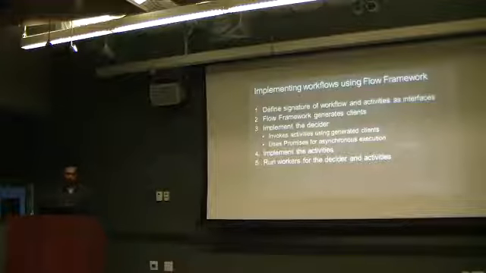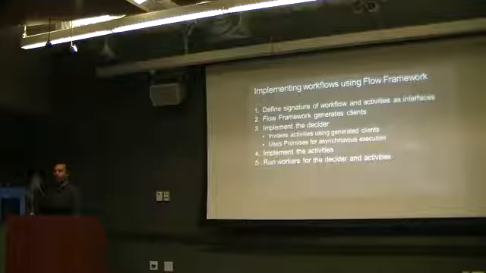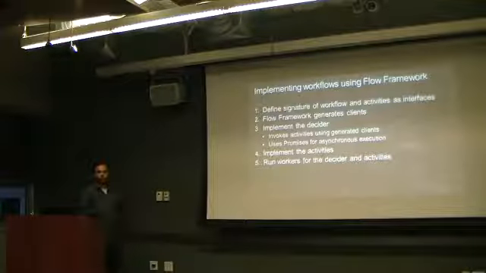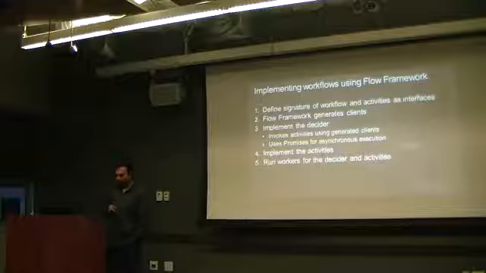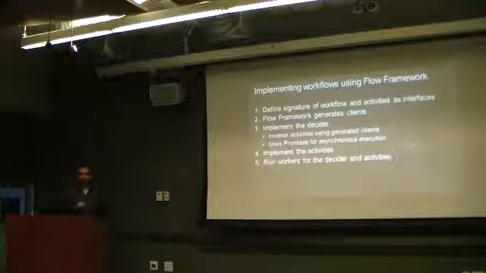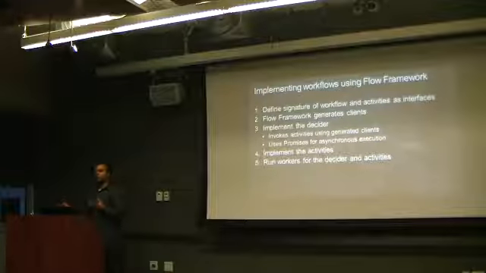Once you have the clients, you can implement a decider. The decider is just Java code. It's any kind of Java construct that you want to use, object-oriented programming, fields, methods, whatever you want to use to implement the logical flow of your activities. Another thing that we provide here is support for asynchronous programming, and I'll go into more details on this shortly. It's pretty similar to futures in Java, which gives you back the future result of a computation.